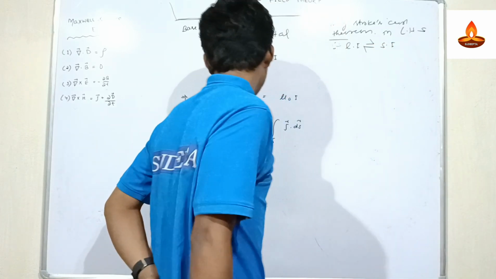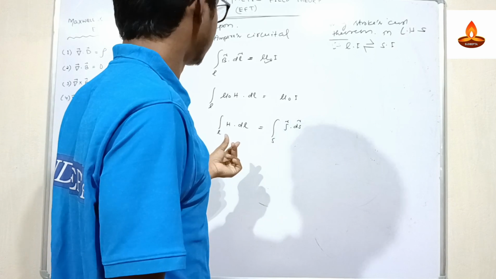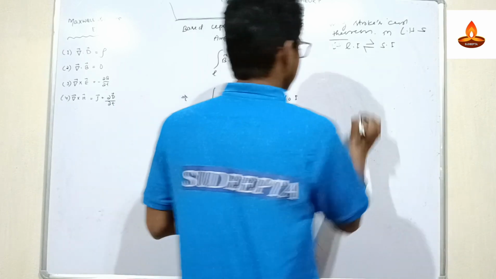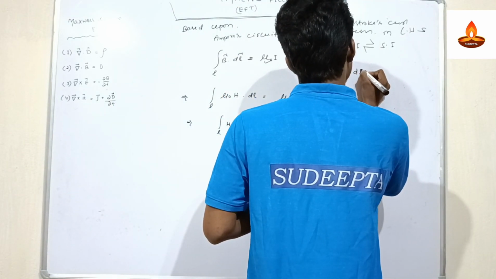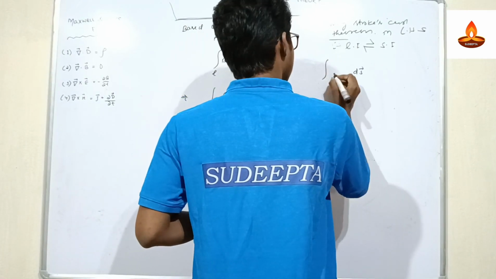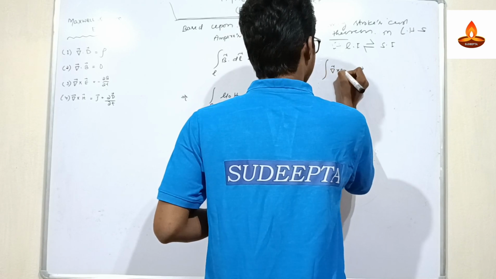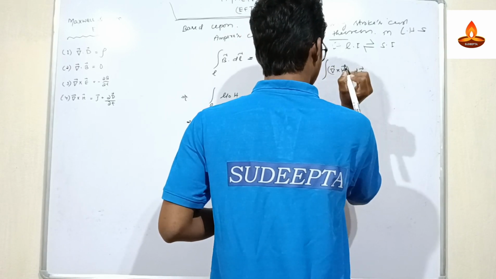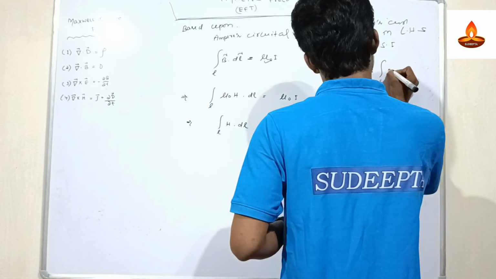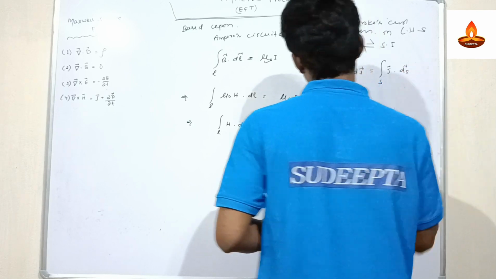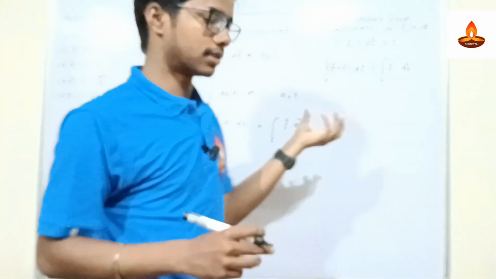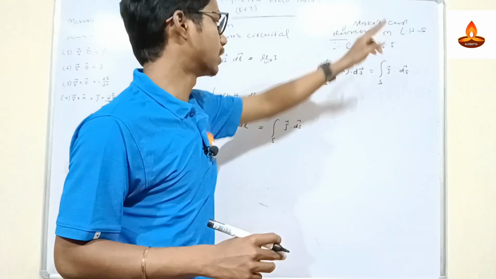H dot dl is converted into a surface integral with ds. So it will be the surface integral of curl of H dot ds, which is equal to the surface integral of J dot ds that we got from this side. The equation is like this because we used Stokes' curl theorem.